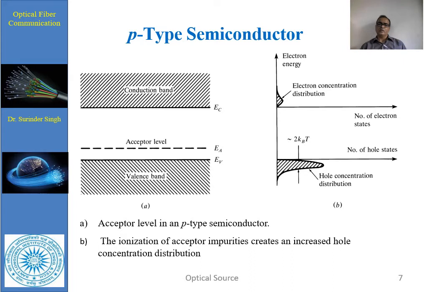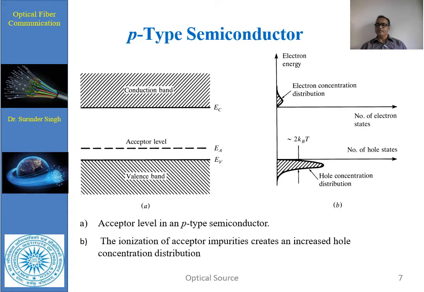However, the hole concentration is present, and there is an excessive number of holes in this state, and there is an acceptance of one electron required here. So free hole concentration increases in the valence band.